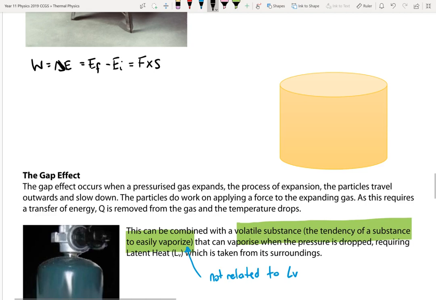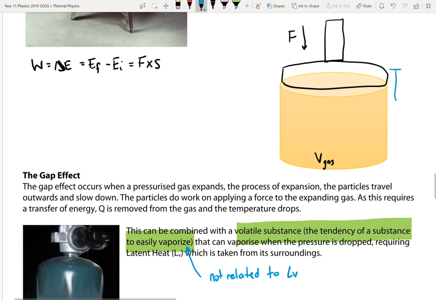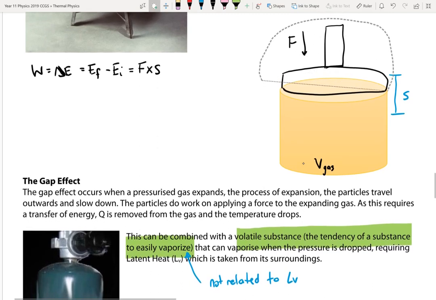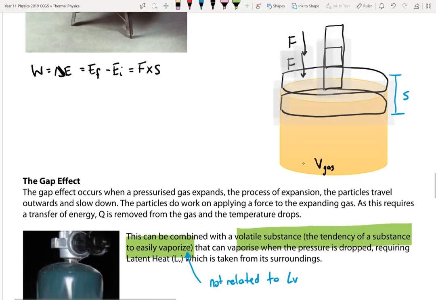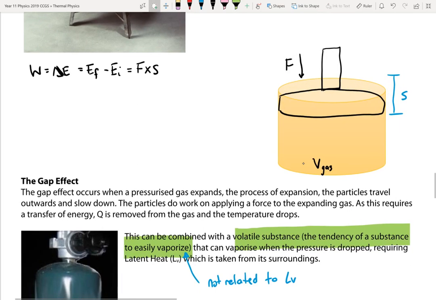Now what I want you to imagine over here, I've got a piston and a cylinder. So we've got a volume of gas particles in this piston, and I'm going to now apply a force over a distance. So imagine, and it worked a lot better when I was using Notability, imagine that I push this piston down, right, and compress the gas.